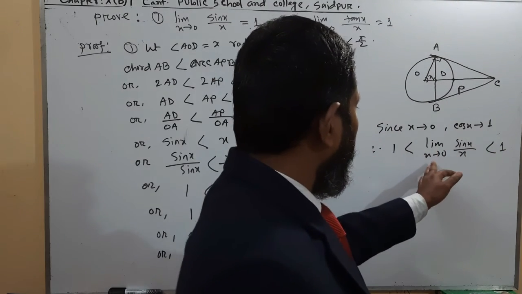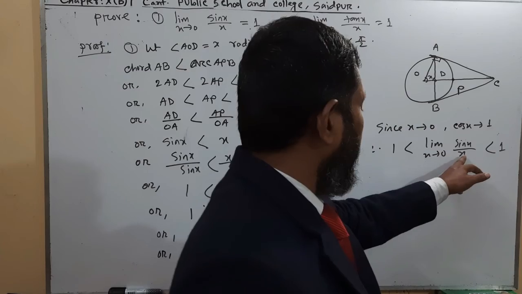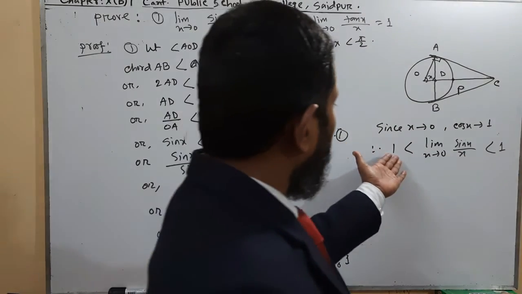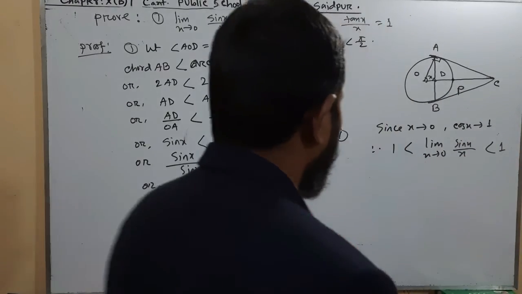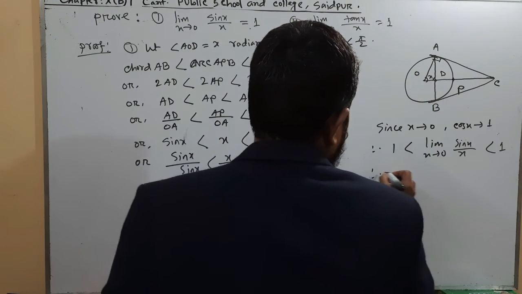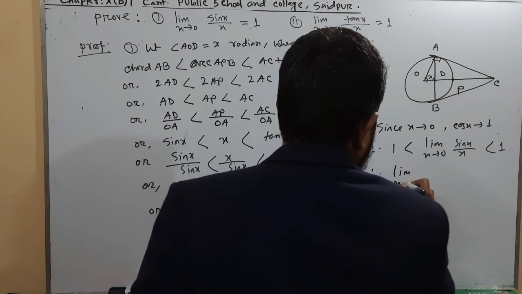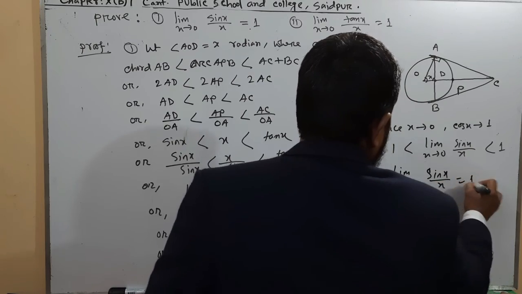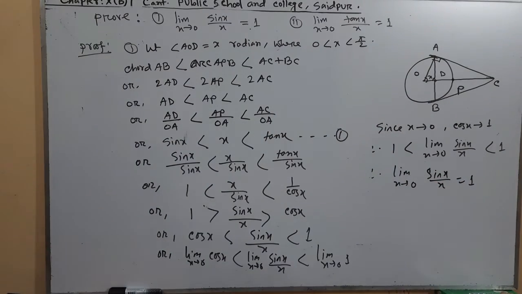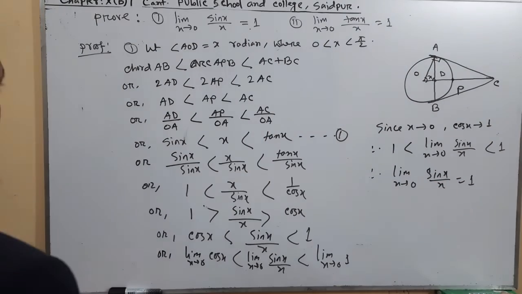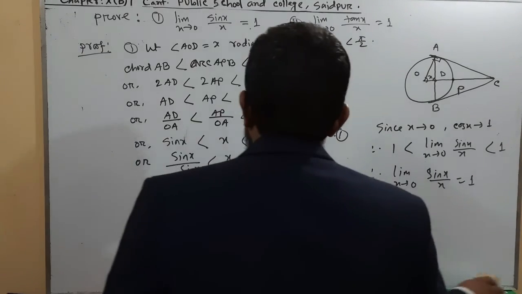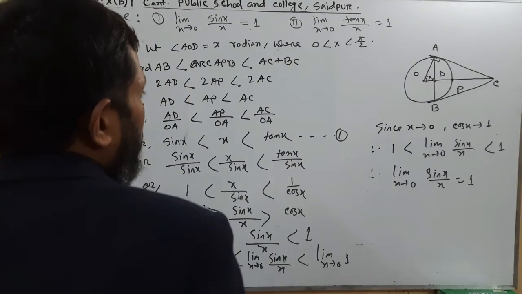Here limit x tends to 0 of sin x by x lies between these two 1s. So we can write easily limit x tends to 0 of sin x by x is equal to 1. We got it.